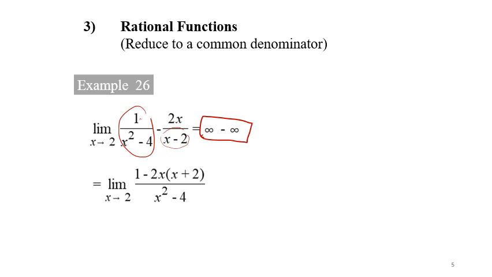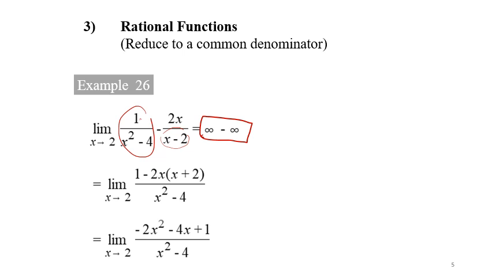So here already 1. Okay, so 1 minus this one to add, and then this one multiply with x plus 2 to equate denominator. This one already x squared minus 4, so no need to multiply. Remember the partial fraction, equate denominator. So this is the concept we will use.